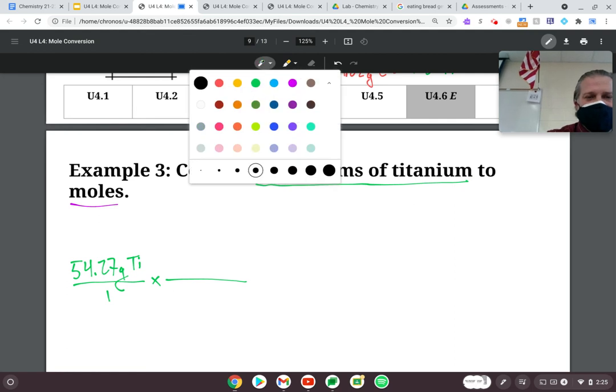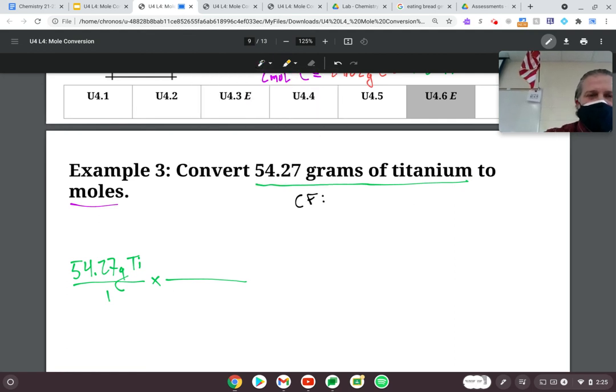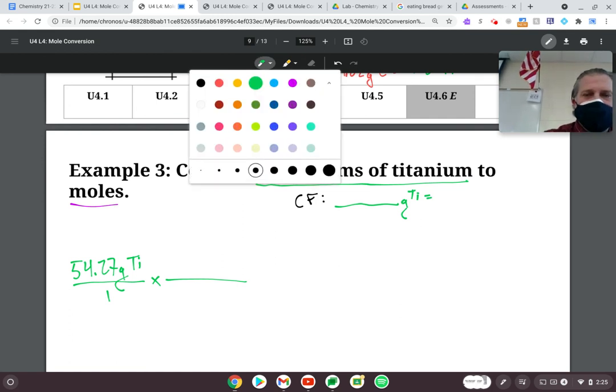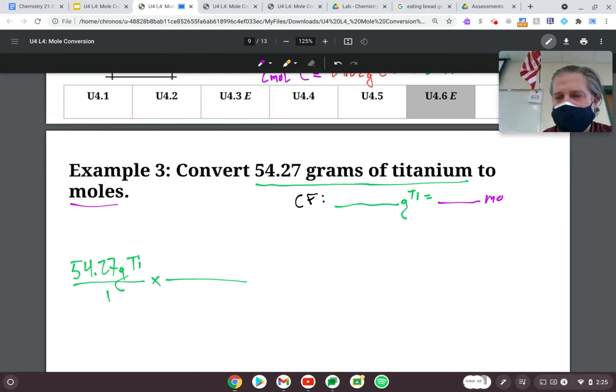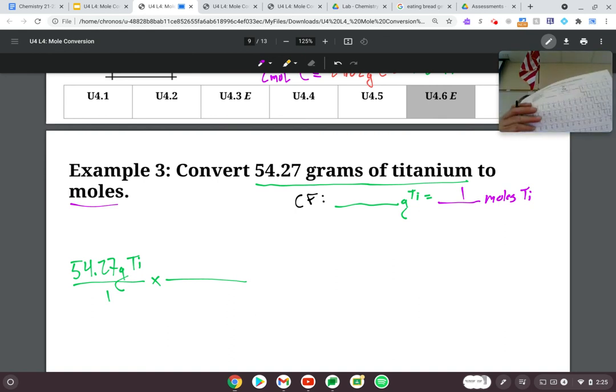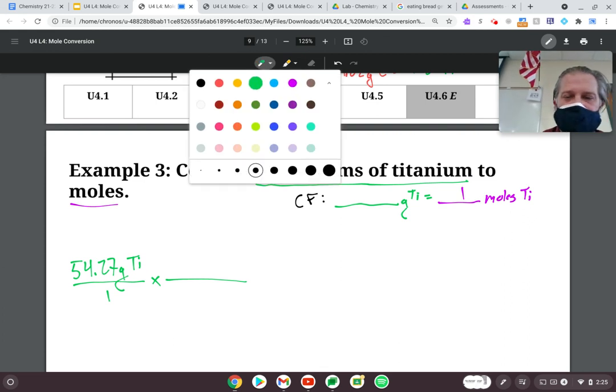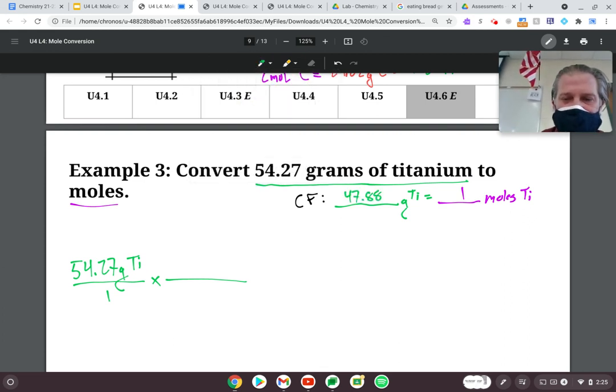Then I'm going to set up my conversion factor, asking the question, grams of titanium equal to moles of titanium. If I wanted the relationship between 1 mole of titanium and grams of titanium, I would go to my periodic table and locate titanium, which is element number 22, and I would find that it has a value of 47.88 grams.